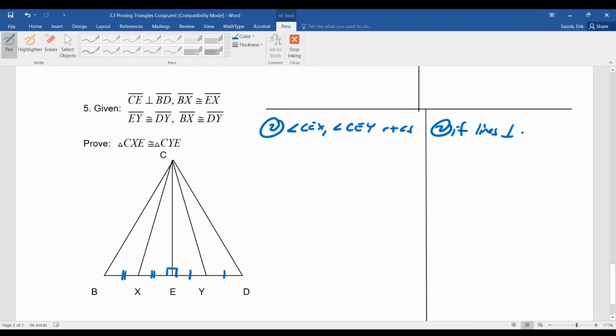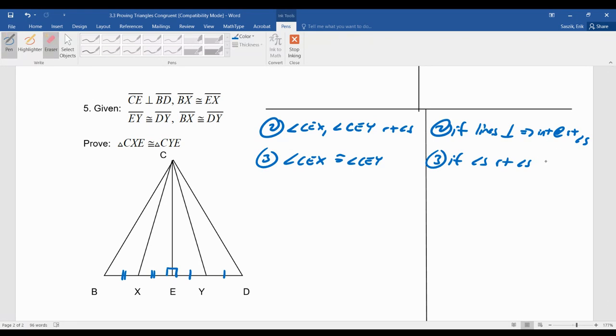If lines perpendicular, then intersect at right angles. Let's go ahead and say that they're congruent, right? Angle CEX congruent to angle CEY. If angles right angles, then, whoops, I should have that little arrow symbol in there, then congruent.